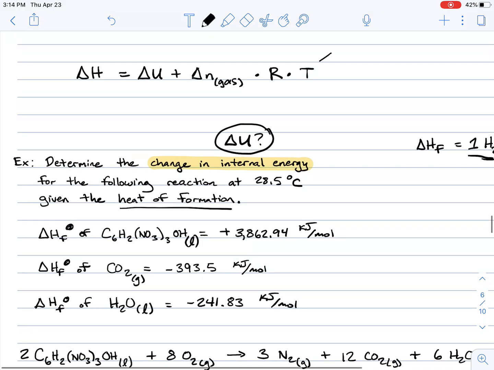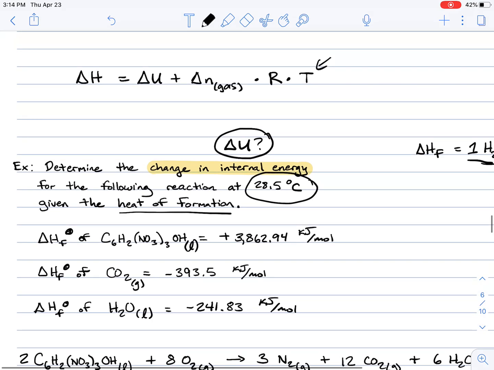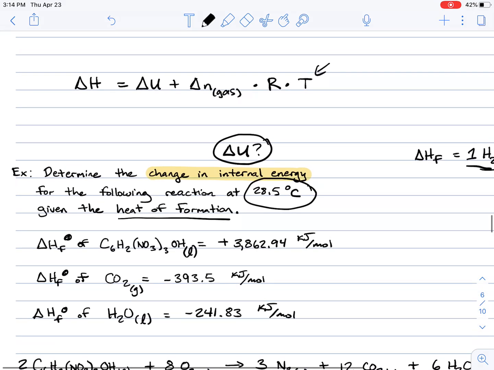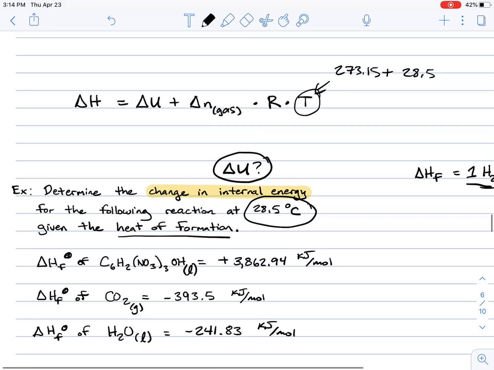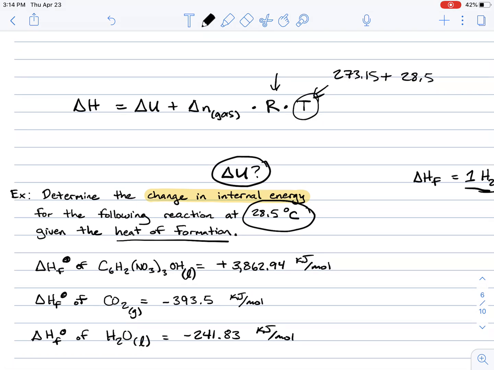Looking at temperature, that one can be easily solved. Here we have 28.5 degrees Celsius. So if I add 273.15 and 28.5, that's going to give me my temperature. I know that the value for R is always going to be 8.314 joules per mole times Kelvin.